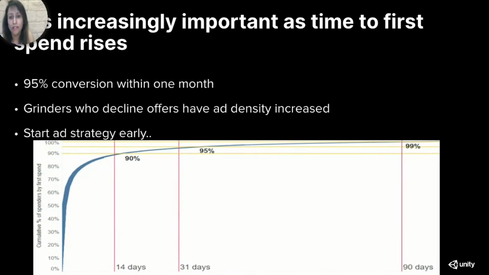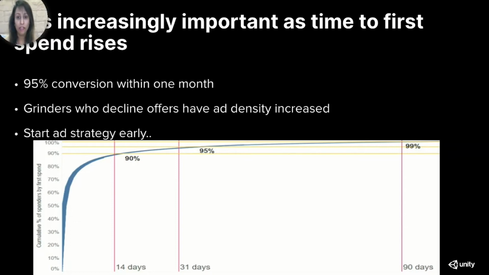Now when we think about in-app purchase, we know that it's all about the first month of gameplay. 95% of conversions happen within that first month. What we encourage our clients who are using Delta DNA right now to think about is in-game messaging and our targeted CRM. Every time we pick up an action with a player, we learn from it.